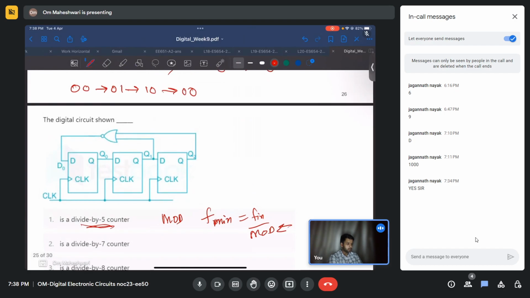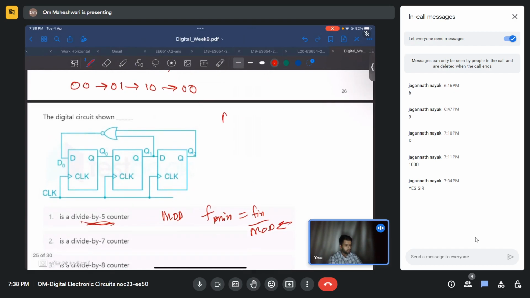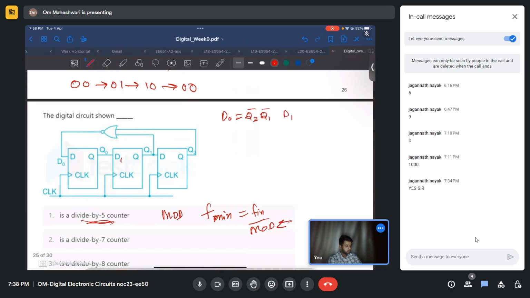So for that again we have to do the same thing. D0 is what? Q2 bar, Q1 bar. D1 is Q0, D2 is Q1.